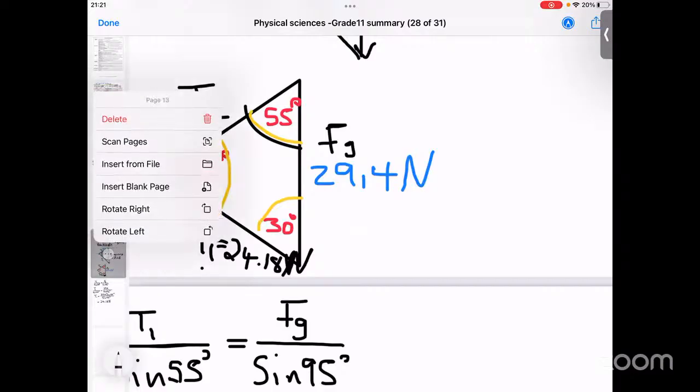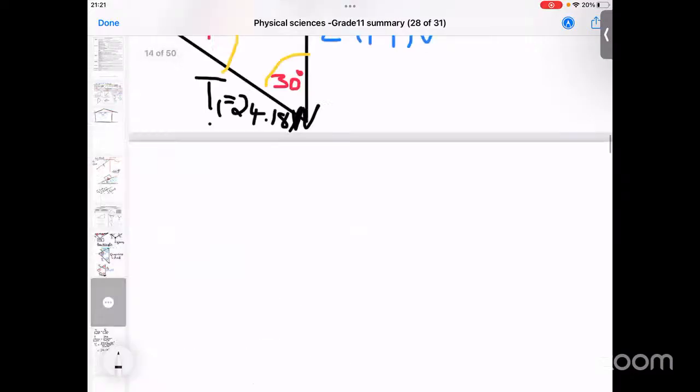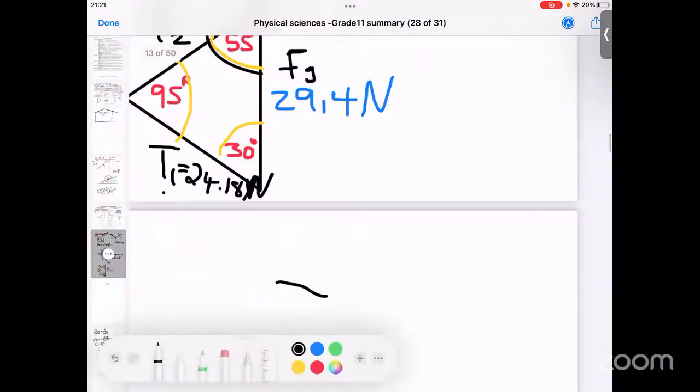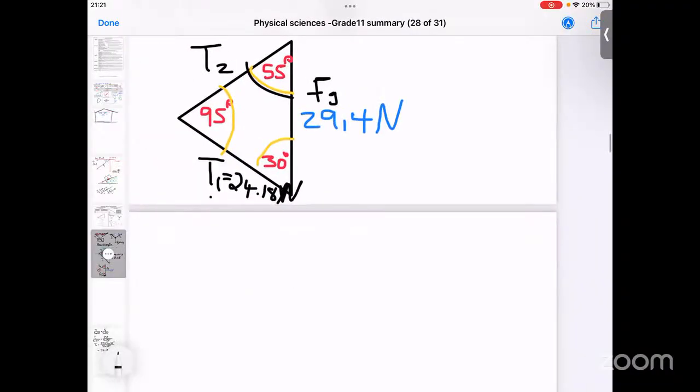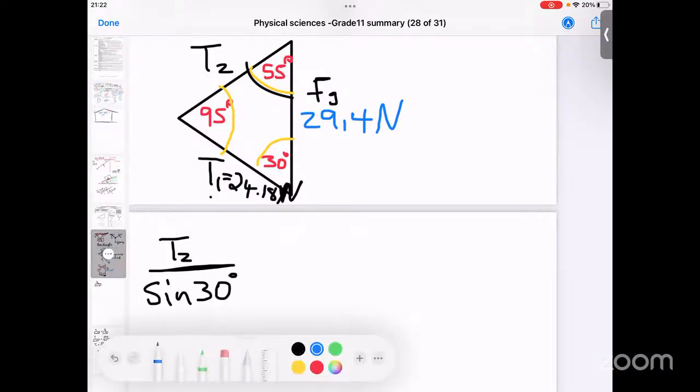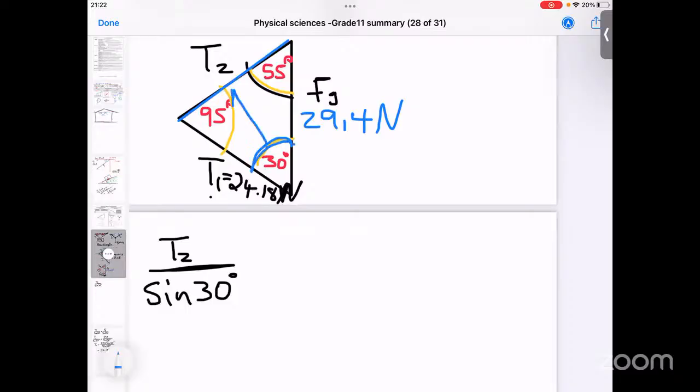So very quickly, let me just insert a blank page there and then jump on to tension number 2. Again, not that complicated. So here you will see your tension 2. This time it is equal to sine of 30 degrees, because it has to be the side over the sine of the angle which is opposite to that side.